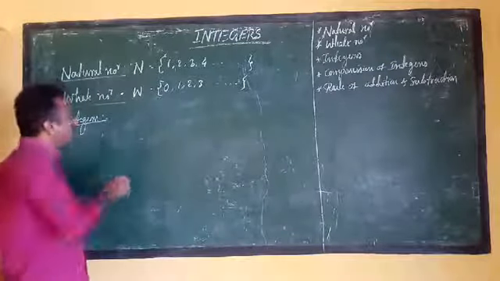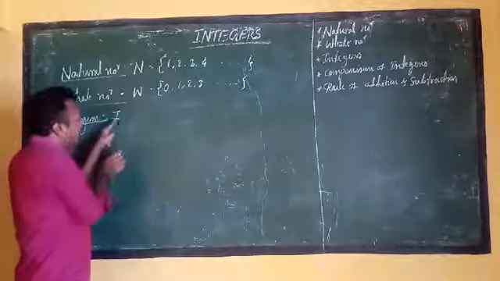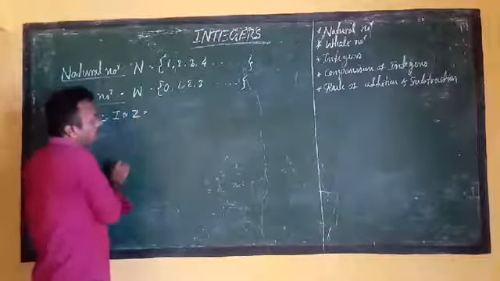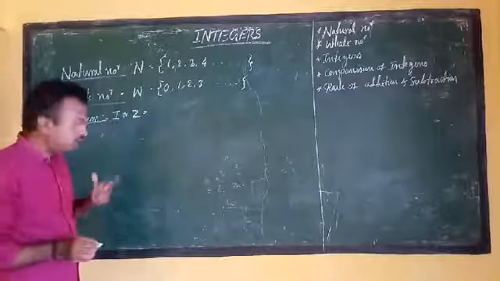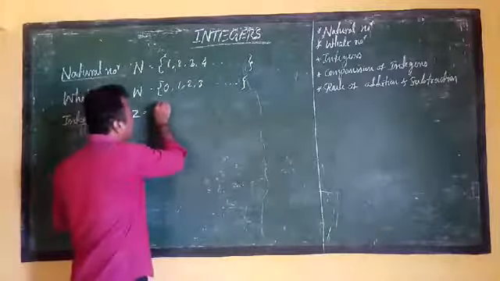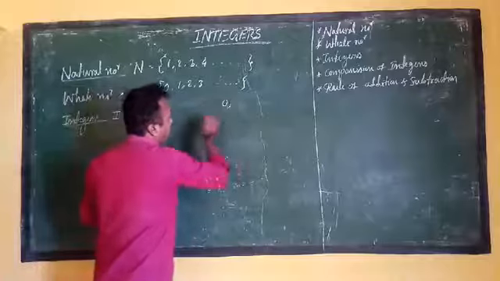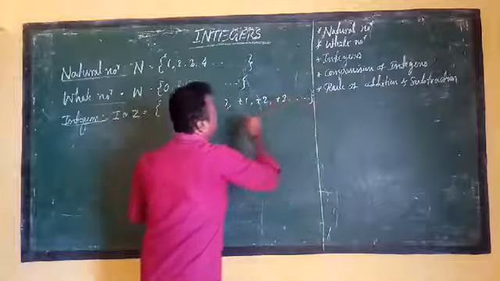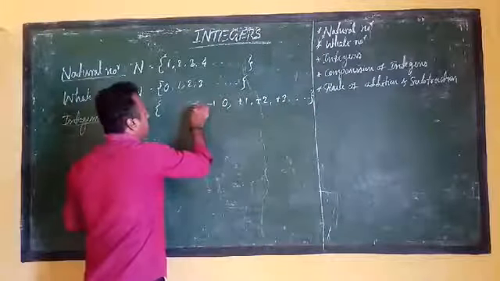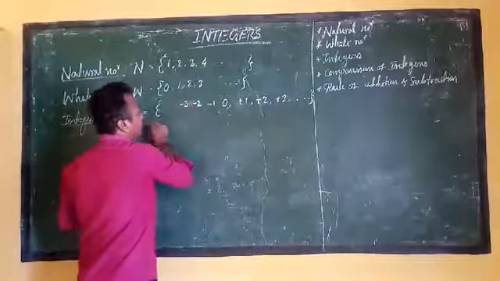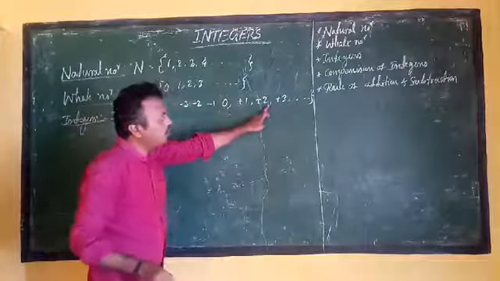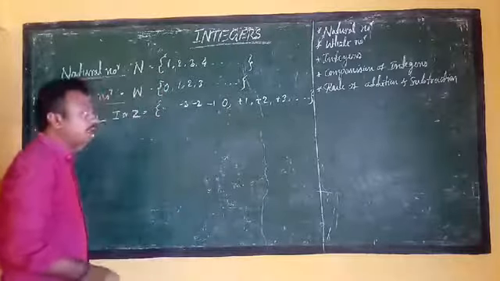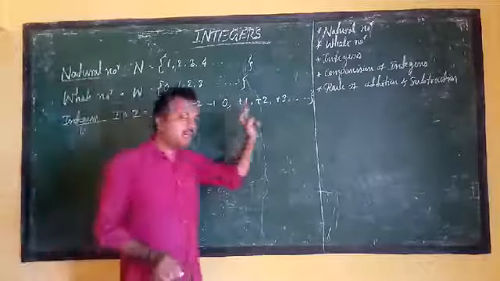Integers can be represented by the letter I or Z. So what are integers? Integers means a set containing positive numbers and negative numbers along with 0. Positive numbers means a number having a plus sign.